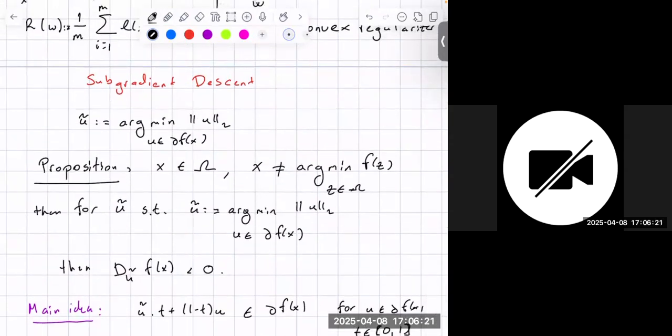usually you end up in some place like this proposition. What is this saying? Look at all your subgradients and pick the one that has the smallest norm among them. You have a collection of them, like a compact set. Pick the one that has the smallest norm among all the subgradients, and it turns out that one is guaranteed to be a descent direction.